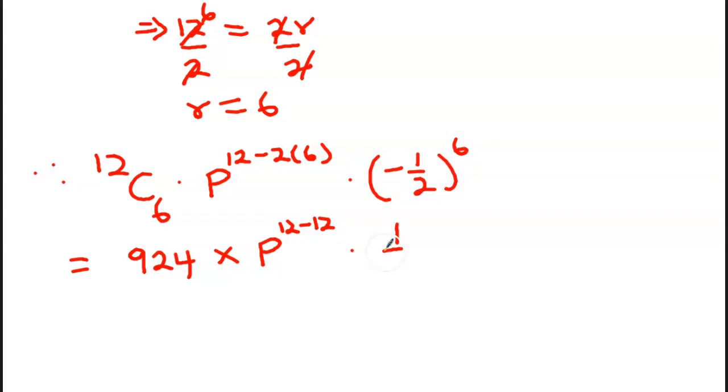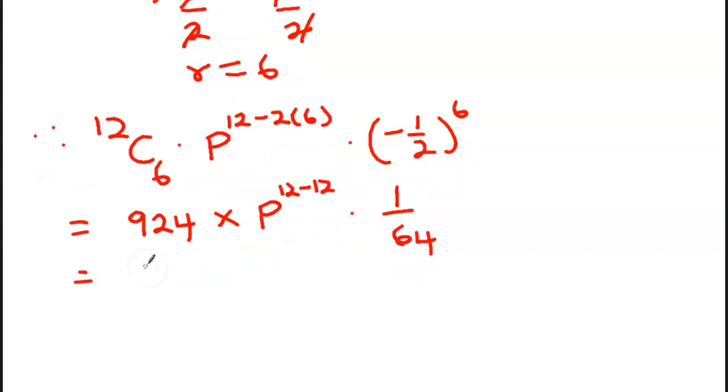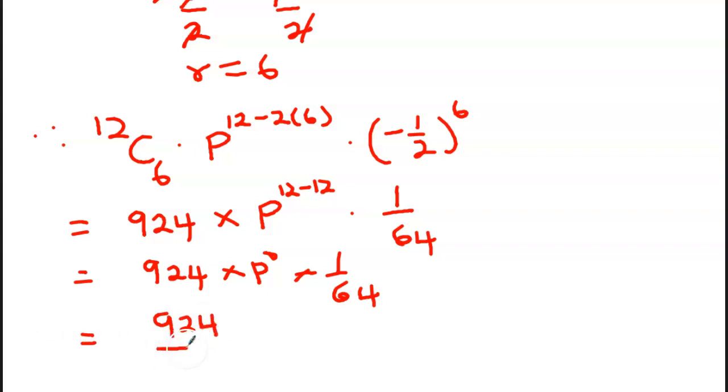So we are going to have 1 over 64. So which is 924 times p to the power 0 times 1 over 64. So we are getting 924 over 64, and p to the power 0 is 1, which is equal to, when you simplify, 231 on 16.